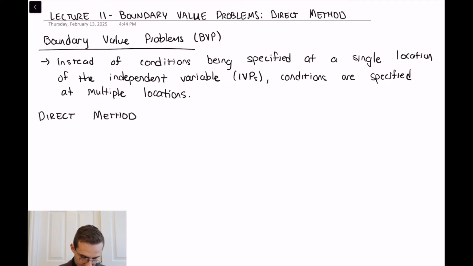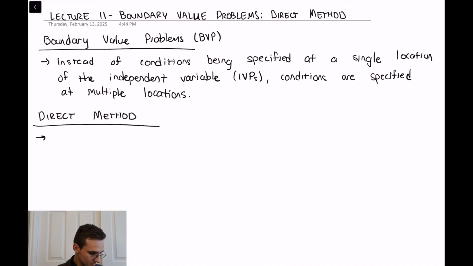Okay, and like I said, we're going to consider a long, slender aluminum rod to discuss this type of problem. That's going to be our model problem, essentially for the rest of the lecture, that we'll use to talk about this method, this numerical ODE solution method.